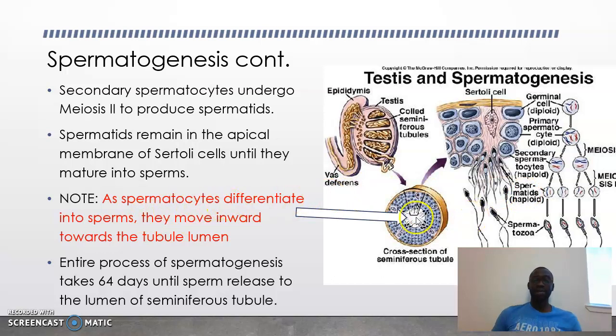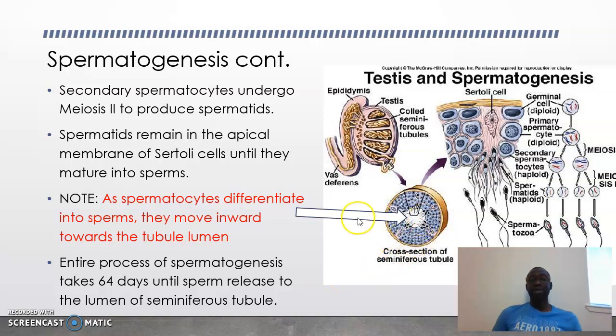As this arrow shows, as cells differentiate into sperms, they move inward towards the tubule lumen. The entire process of spermatogenesis takes 64 days until sperms are released into the lumen of the seminiferous tubule.